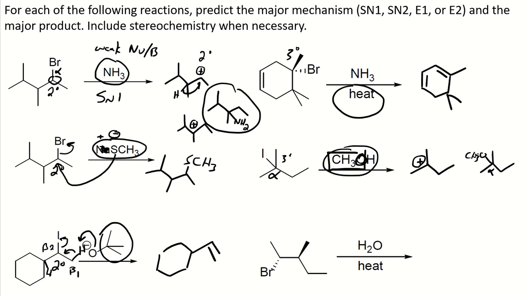Now, if we use something like sodium methoxide, or sodium ethoxide, or even possibly sodium hydroxide, those small bases would favor the elimination in the Zaitsev product, the more substituted thermodynamic product, which would have been that.